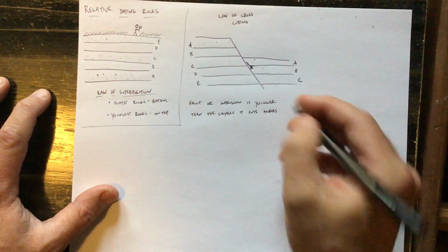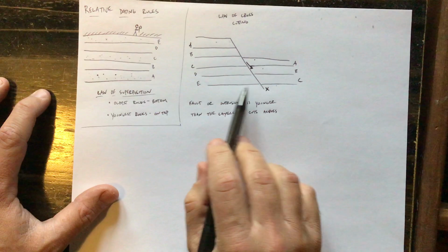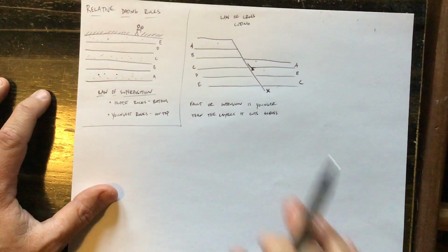And so the fault itself could be a layer. We could call that layer X. And X is younger than A, B, C, D, and E because it cuts across all of them.